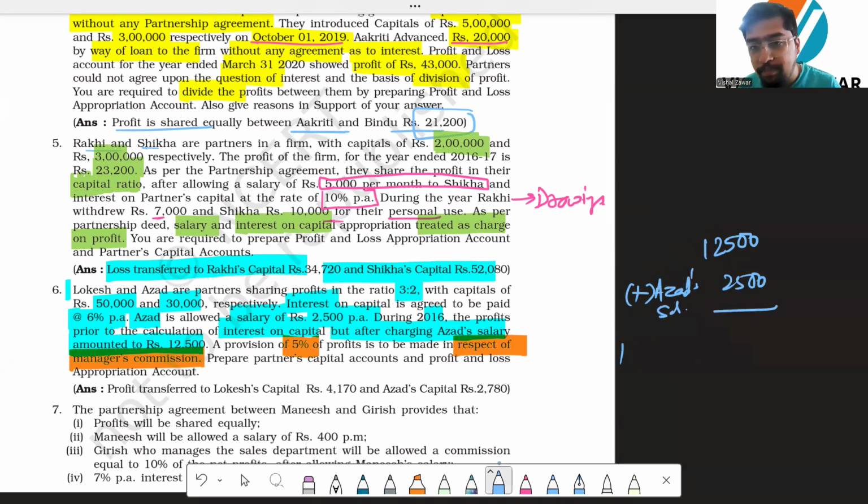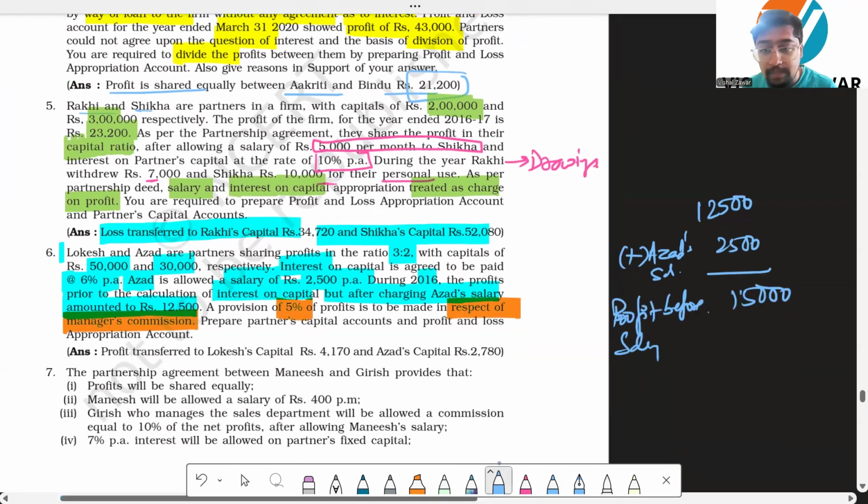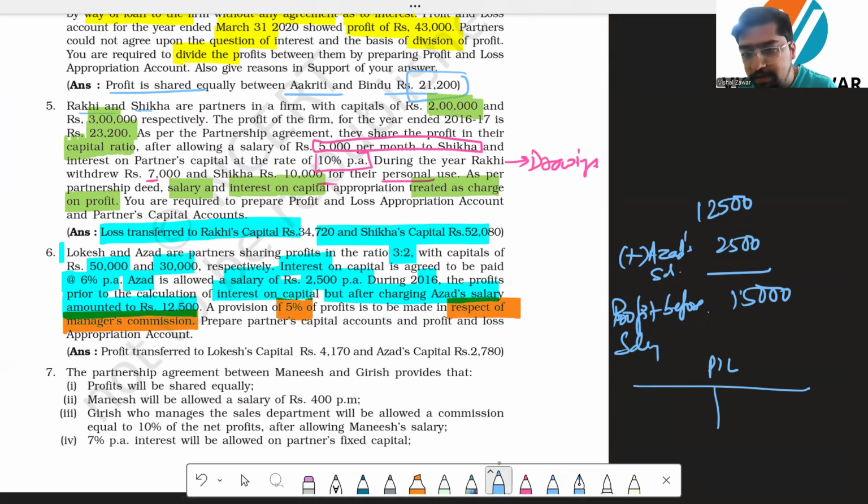So I will get the profit before any appropriation, means before salary given to Azad, which is going to be 12,500 plus 2,500, 15,000. Correct. Profit should come to 15,000. Yes. And now when I make the P&L, my P&L will show a profit of 15,000.